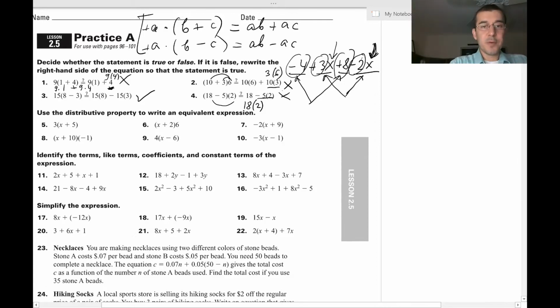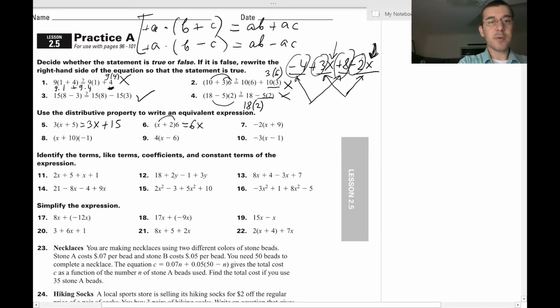Number 5 through 10, use the distributive property to write an equivalent expression. So for number 5, we have plus 3 times plus x, that's 3x. And then plus 3 times plus 5, that's plus 15. Okay. Number 6, we're multiplying x with 6, so that's 6x.